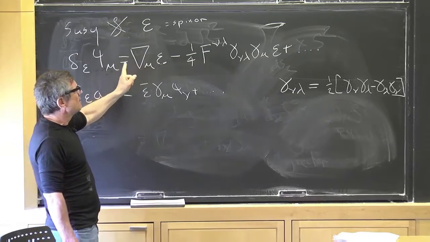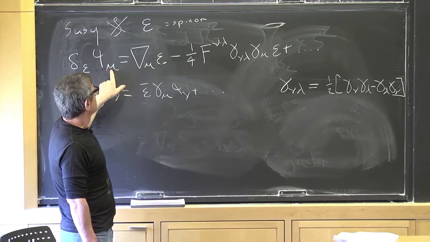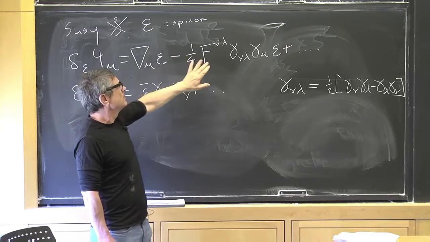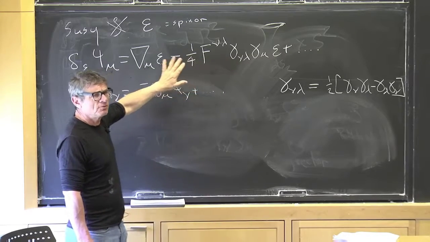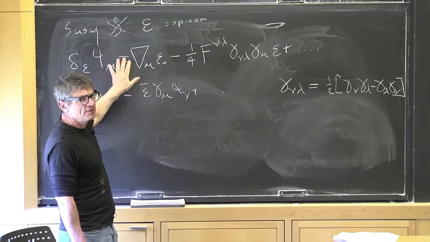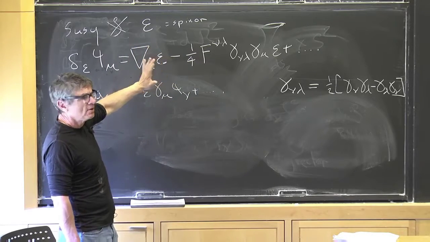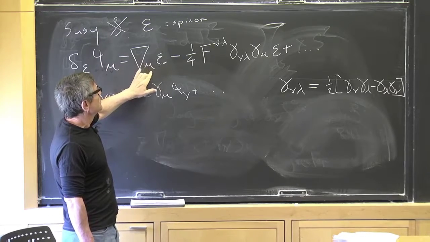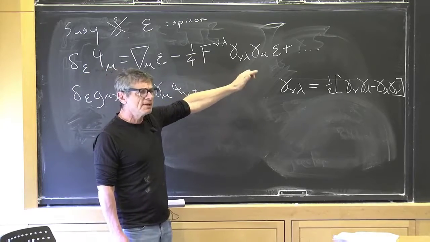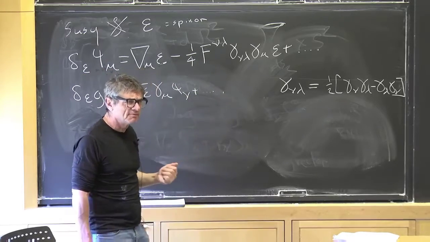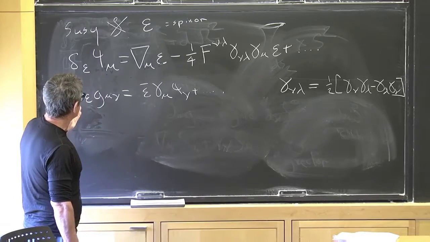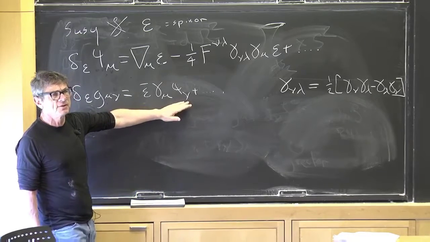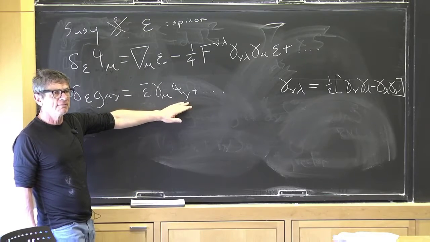So we're mixing up the fermionic Rarita-Schwinger field with derivatives of the bosonic fields. G and A are bosonic fields. So the Rarita-Schwinger field transforms into one derivative of a bosonic field, and on the other hand, the bosonic fields transform into the fermionic fields with no derivatives.